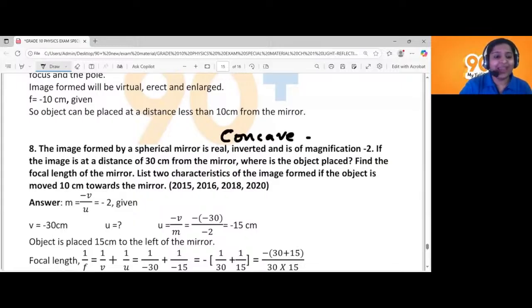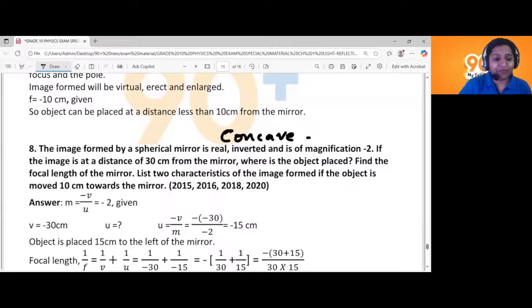So V is taken as -30. Where is the object placed? U is the question. Magnification is -2. It is given. Value of V is given. How to find the value of U?